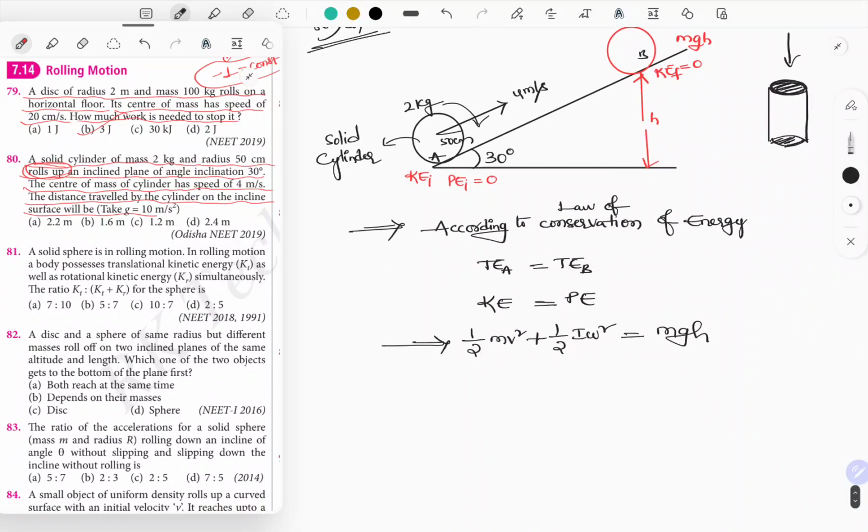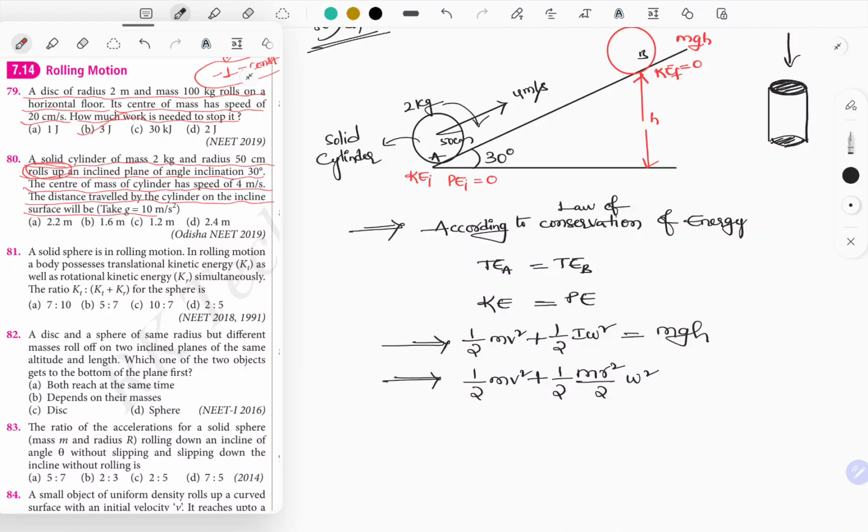Did they give angular velocity? No, they haven't. If they didn't give angular velocity, try to convert that into linear velocity. 1/2 mv² plus the moment of inertia of a solid cylinder, which is mr²/2, similar to the moment of inertia of the disk, times ω².